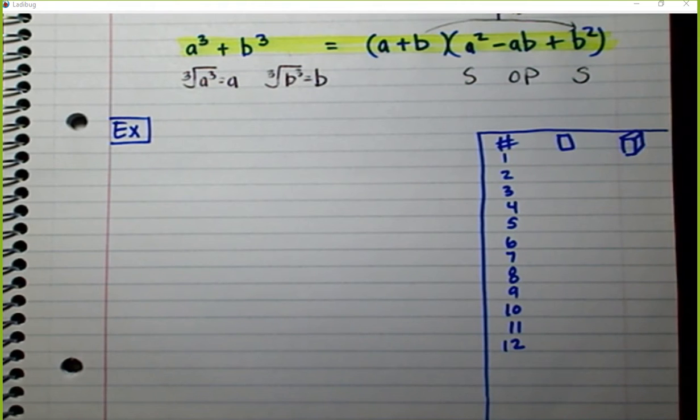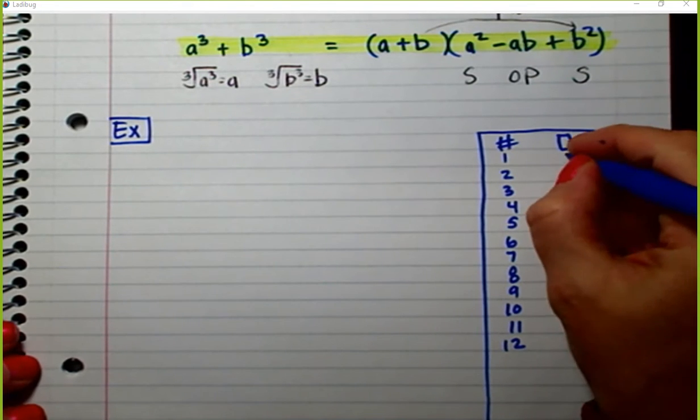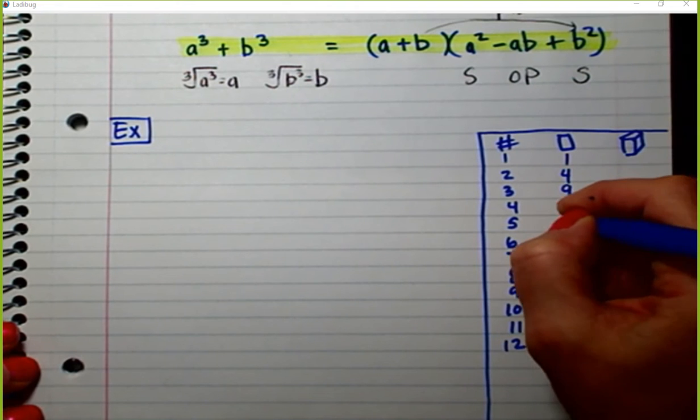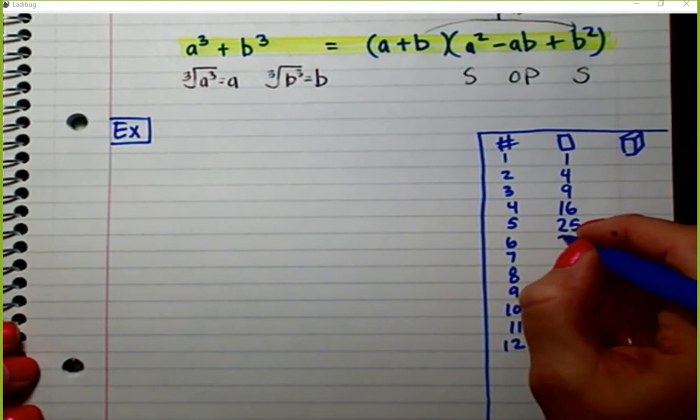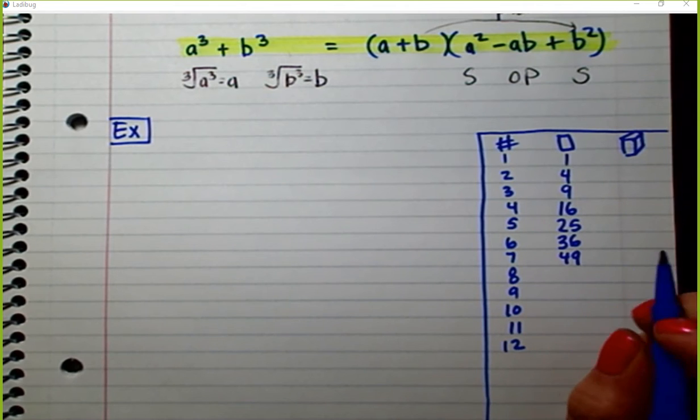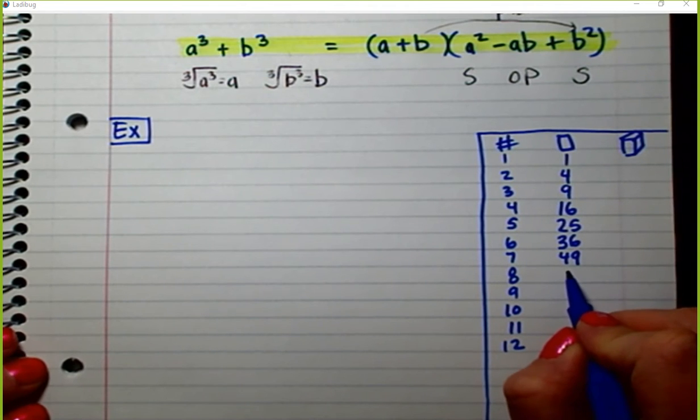And I'm going to write down what the perfect squares are, and then I'm going to write down what the perfect cubes are, just so that I can start trying to recognize what numbers are perfect cubes. Because the perfect squares have been drilled into our minds since elementary school or middle school.